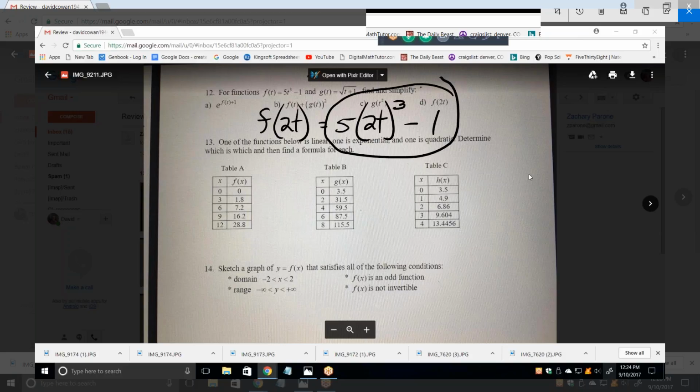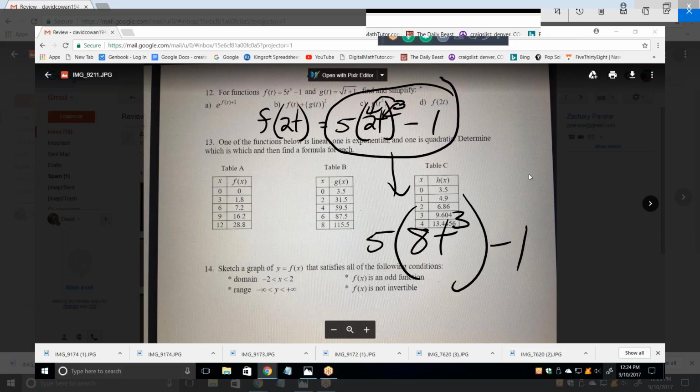What is that? What's 2t cubed? 8t cubed. You have to cube both that number and that variable. So it's 8t cubed minus 1.